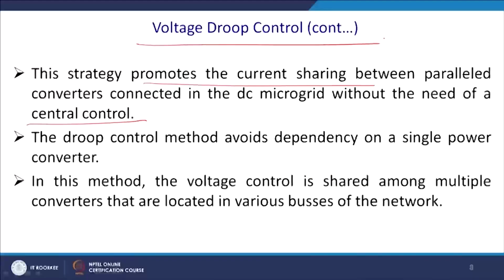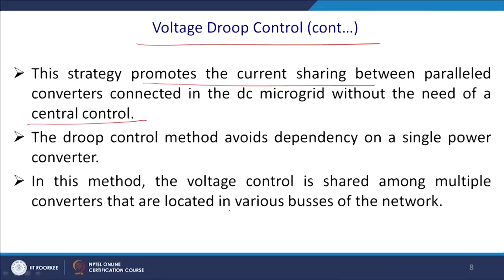So, wind will try to flow, but the main chunk of the power will come from the battery, and ultimately the task of maintaining the DC bus will be delivered by this bidirectional DC to DC converter, which is charging and discharging the battery. Thus, the loading of the converters becomes optimal, and one converter is not loaded throughout the period of time. So, that is one of the biggest advantages of the voltage droop control.